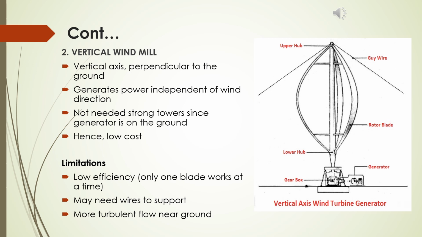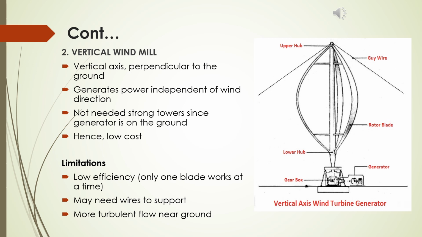The structure is also very different as compared to the horizontal axis wind turbine. They are not that much taller. They are not that much rigid. The generator and the gearbox are placed near the ground, and hence, due to simplicity in their structure and less rigidity, these types of turbines have low cost or are more economical as compared to horizontal axis wind turbines.